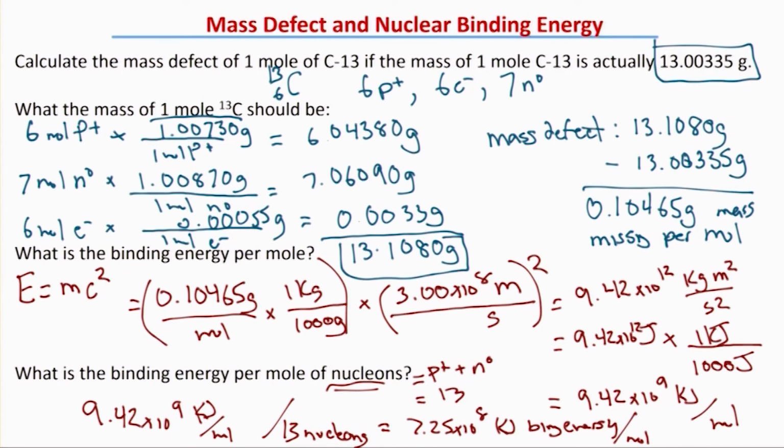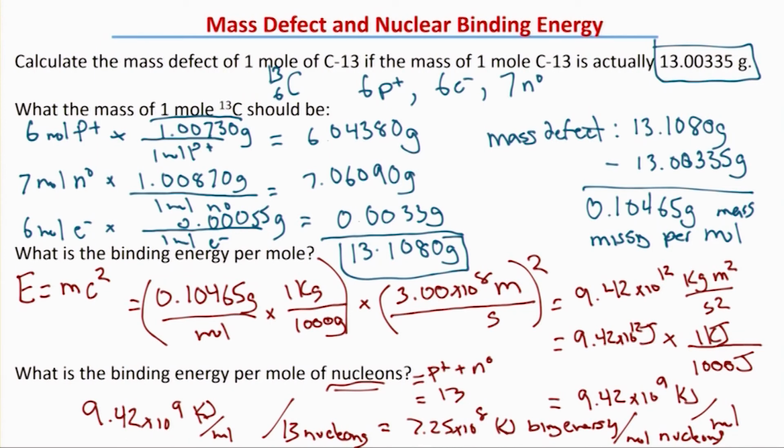I'm sorry, this is writing really small, but per mole of nucleons. That is a lot of information. We will do another one of these as a practice in a little bit, but just to show you, the amount of energy that's given off here from a nuclear reaction is huge compared to the amount of energy in a chemical reaction. This is a very large number.